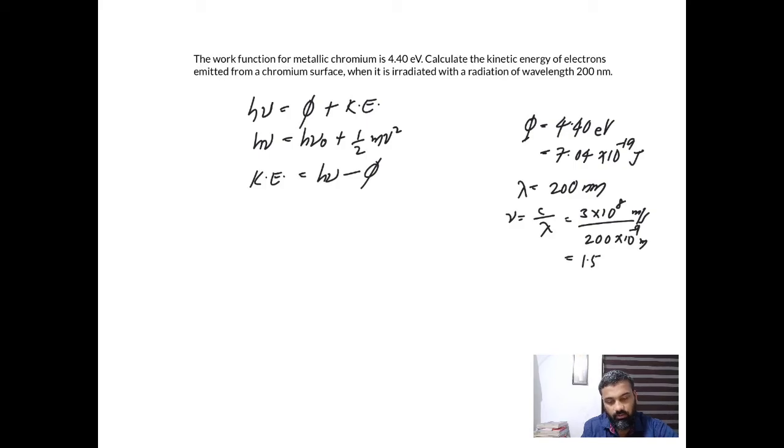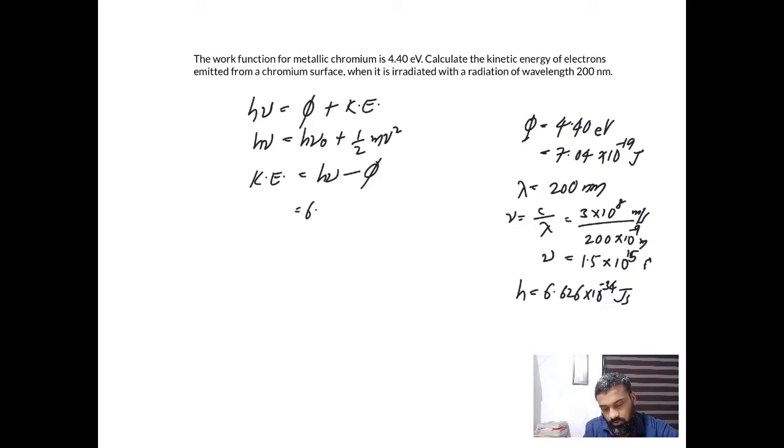So if we calculate, 3 by 2 means 1.5 into 10 raised to 15. 10 raised to 15 means 8 plus 7, 15 second inverse. Okay, this is the frequency of the radiation, and we need to use the value of Planck's constant h. H is 6.626 into 10 raised to minus 34 joule second.